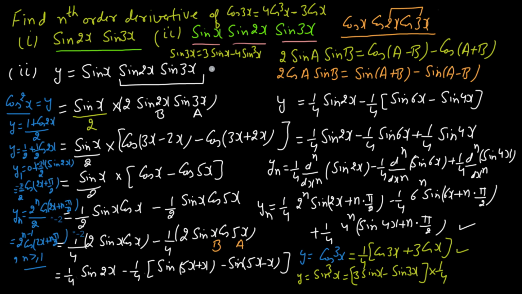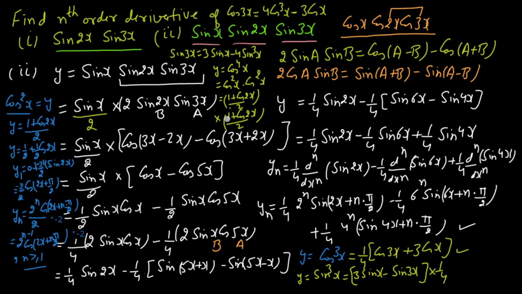Similarly, if we are given cos raised to the power 4 x, you can write cos 4 as cos square x and cos square x. You can use the formula for cos square x as 1 plus cos 2x by 2 and multiplied by 1 plus cos 2x by 2.